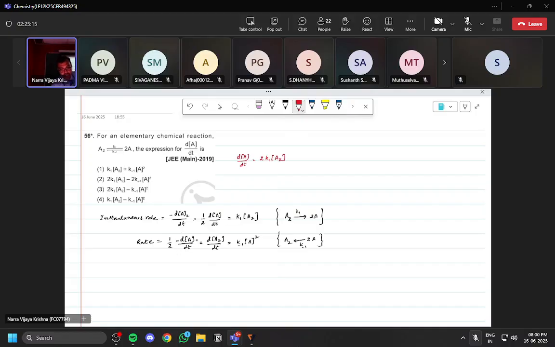Here dA by dt can be written as minus 2 K minus 1 into A square. Correct or not? So the sum of these is the overall rate expression. This is dA by dt only for this, and this is dA by dt only for this. If both are involved, I need to add both. So 2K1A2 minus 2K minus 1 into A square.